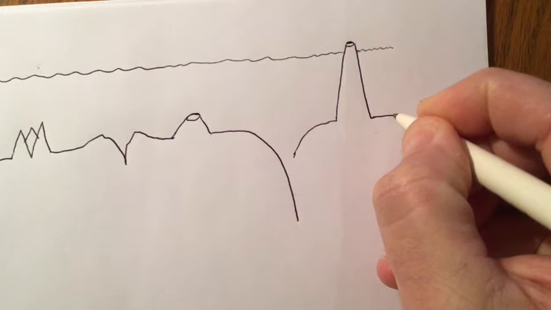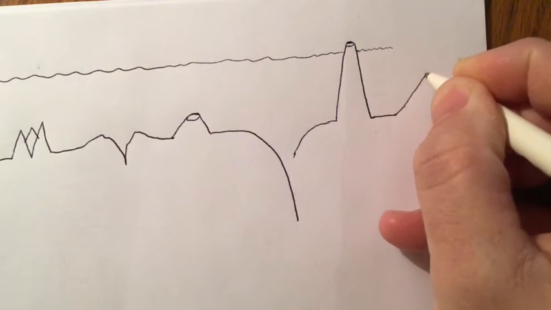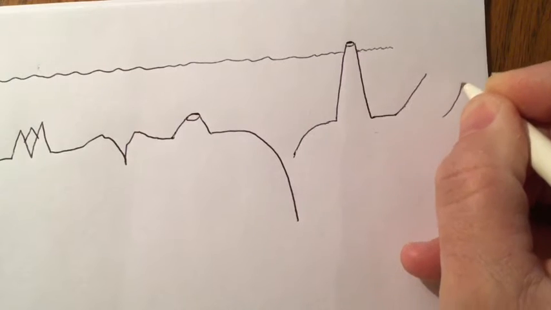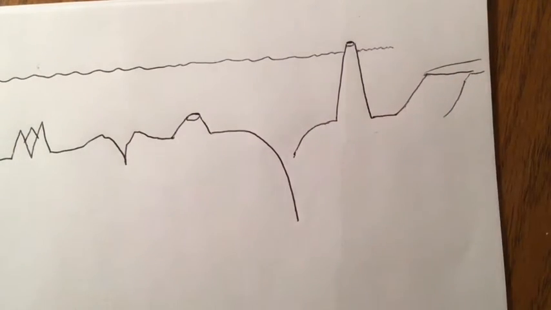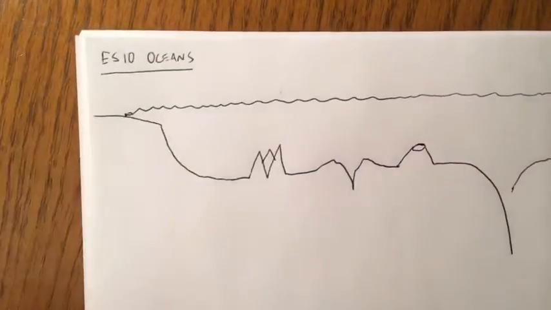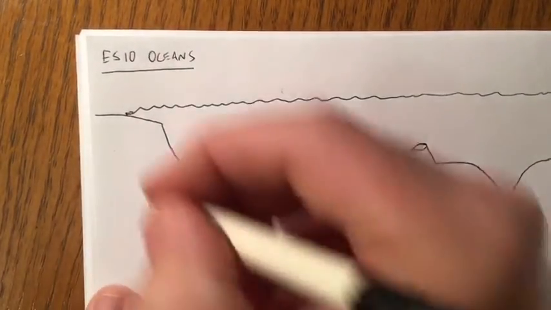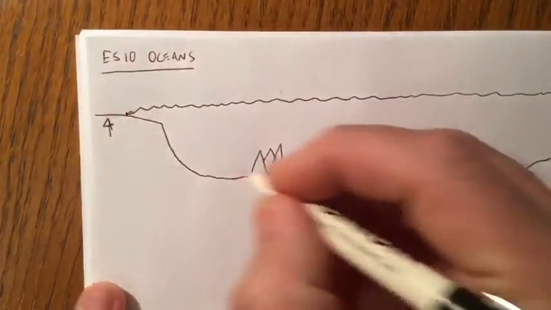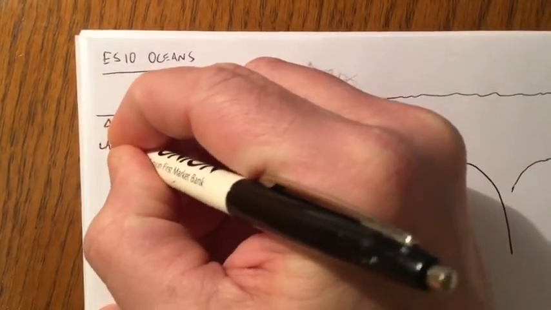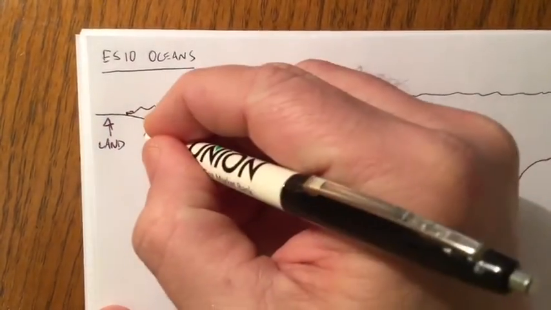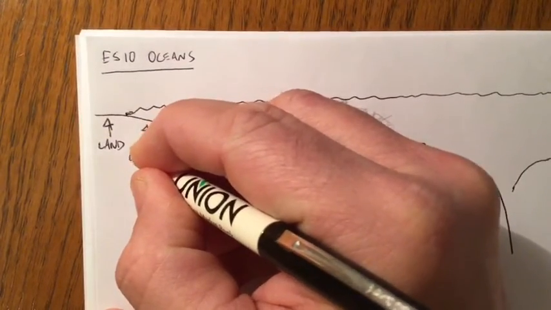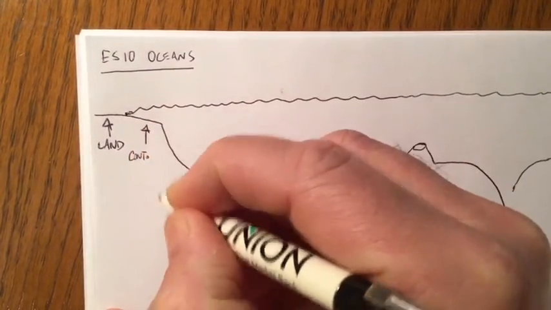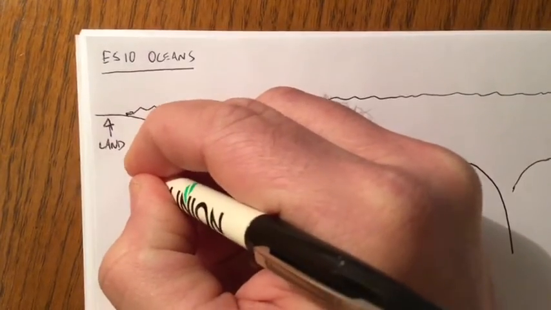And my continental shelf is going to be on both sides, and this one's a little more three-dimensional. Starting on the left here, we've got land, and then a shallow area under the water called the continental, I'm abbreviating there, shelf.